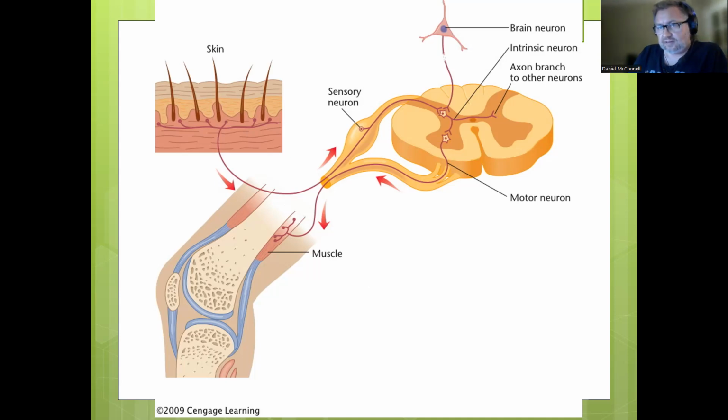So here's a spinal nerve that is connecting to the spine, but just before it arrives at the spine, it breaks into two roots. The dorsal root enters into the back of the spine, and the ventral root enters into the front or belly side of the spine.